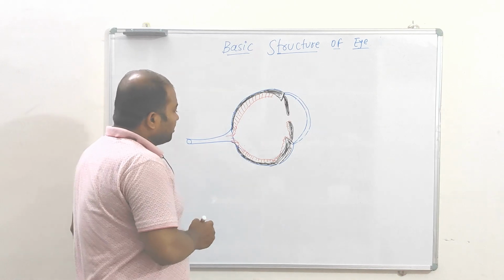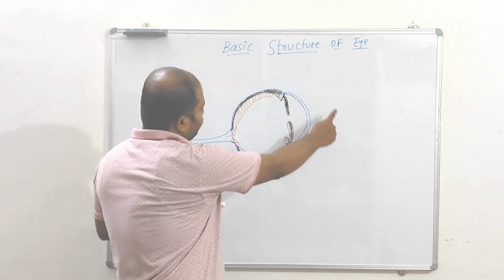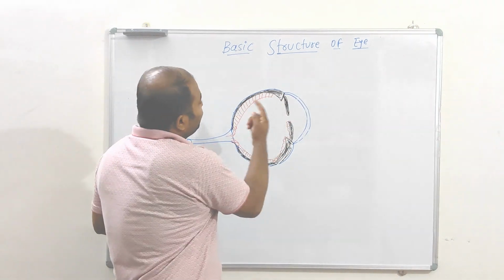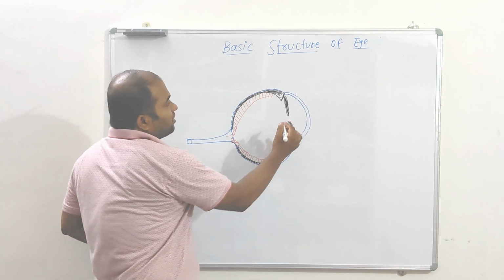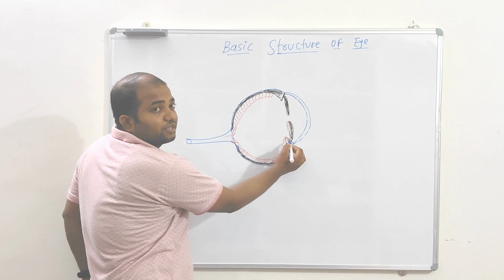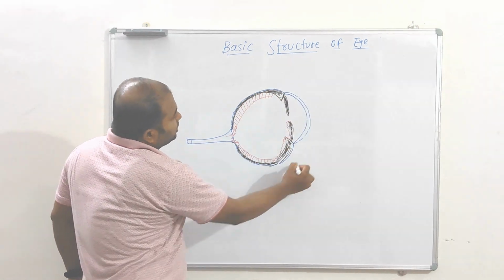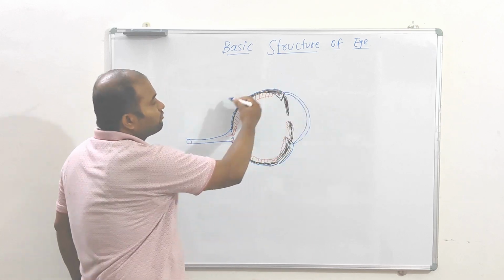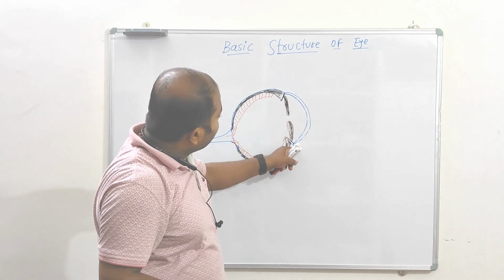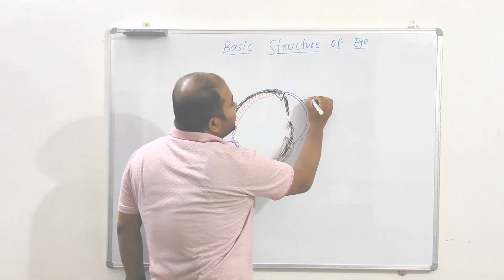Now let me label it. We talked about the outer coat or outer layer of the eyeball. As I told you, if we divide this outer coat into 6 parts, only the anterior one part, which is more curved, is given a name.